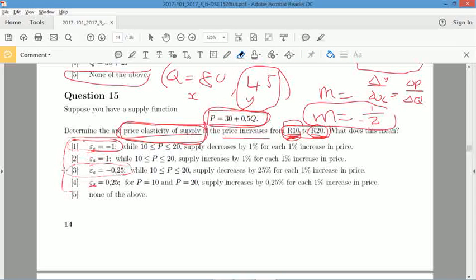As I said, I do think there's a problem here with the wording in the question. It should have been price elasticity of demand, not price elasticity of supply, because if you look at the textbook, there is no equation for the arc price elasticity of supply, only a measure for the demand, arc price elasticity of demand.